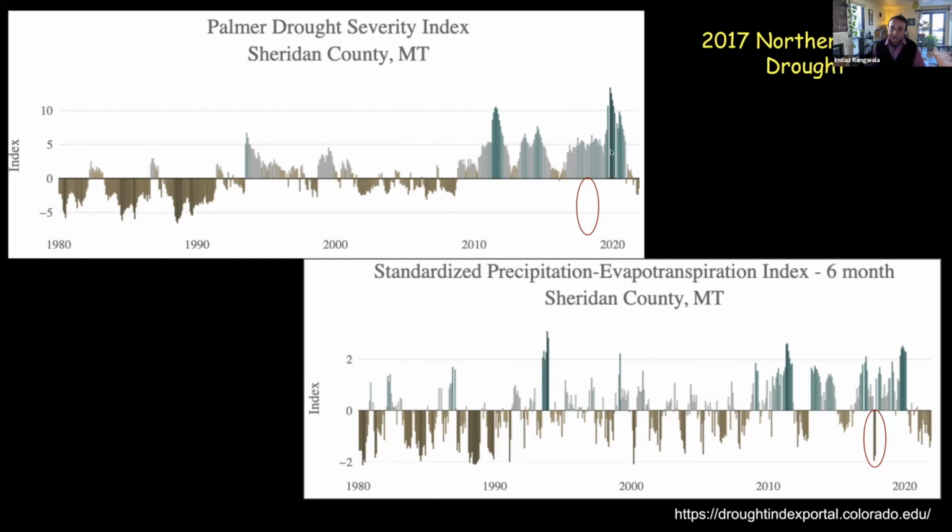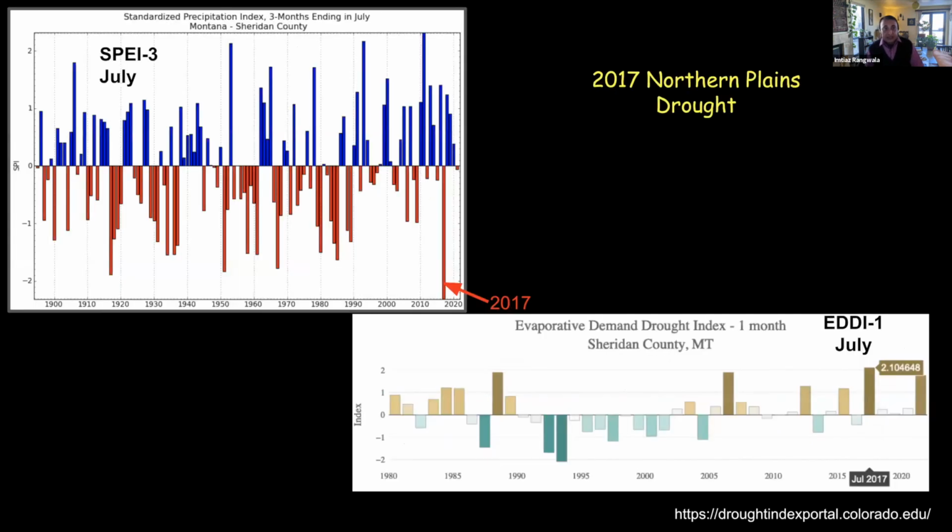It was showing wetter conditions, but SPEI, working at a shorter time scale and sensitive to those time scales, did capture the drought. Looking at some other indices here, in fact, I wrongly marked it as SPEI. This is SPI, just the precipitation index.